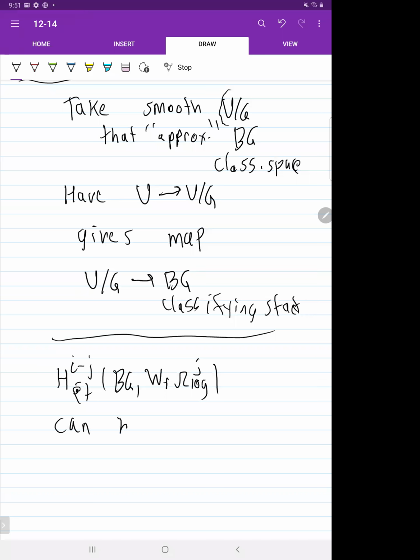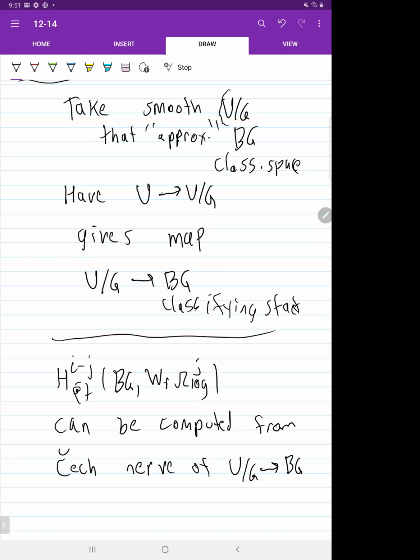So it can be computed from the Čech nerve of U mod G to BG.